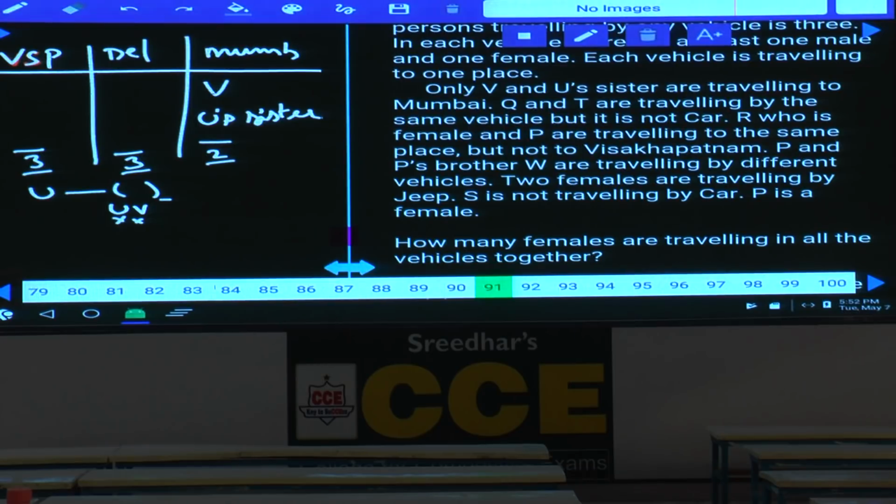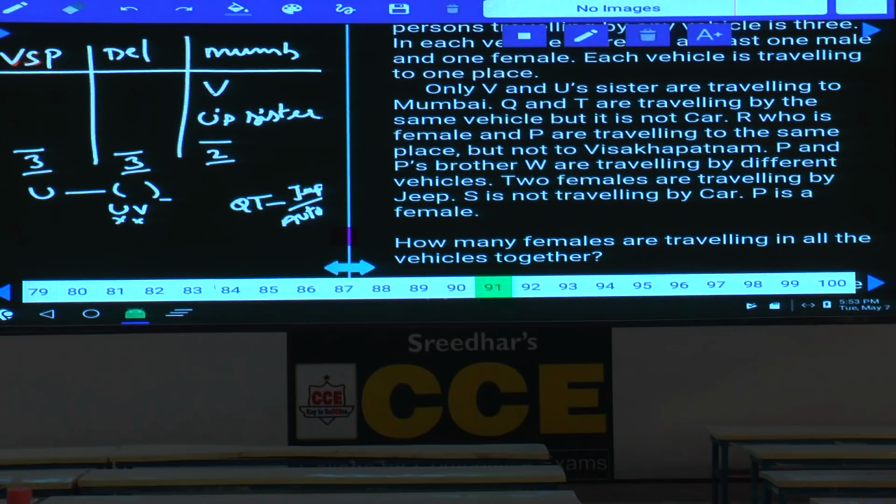And Q and T are traveling by the same vehicle, but it is not the car. Hence it could be either jeep or auto, isn't it? Now tell me whether Q or T can travel to Mumbai? No. Why? Because there are only 2 persons traveling to Mumbai.